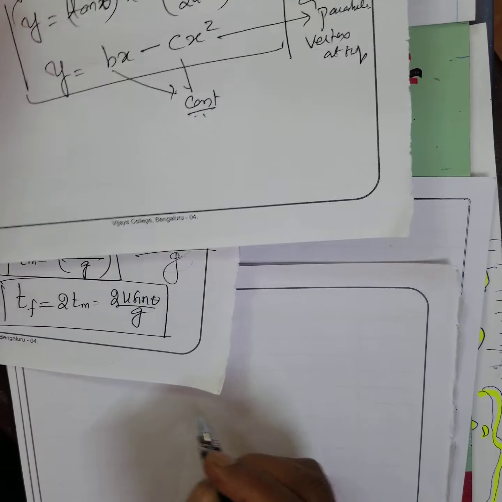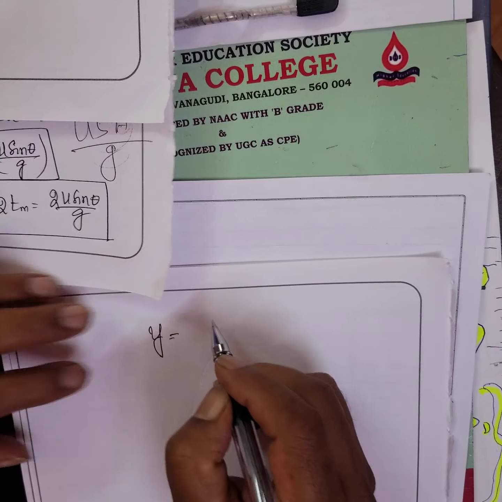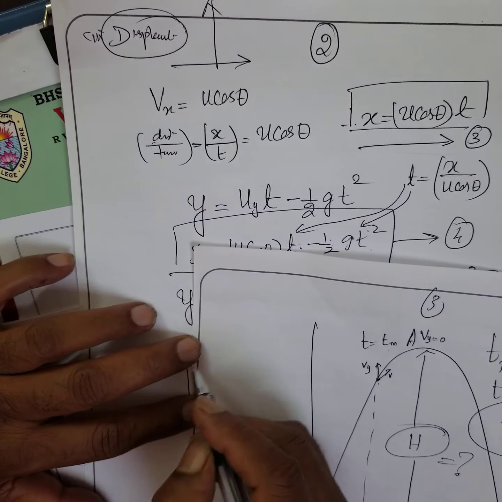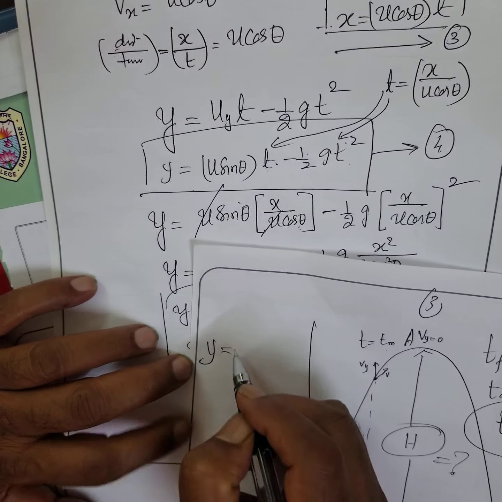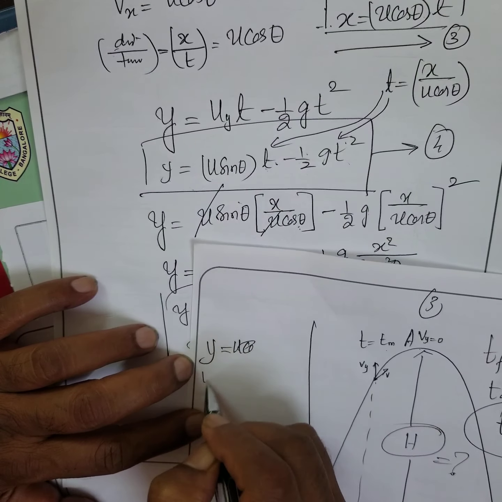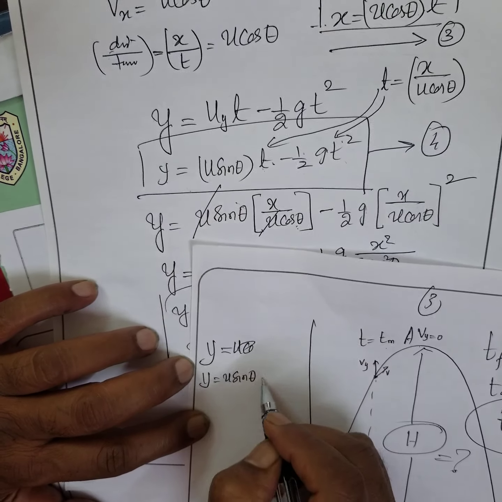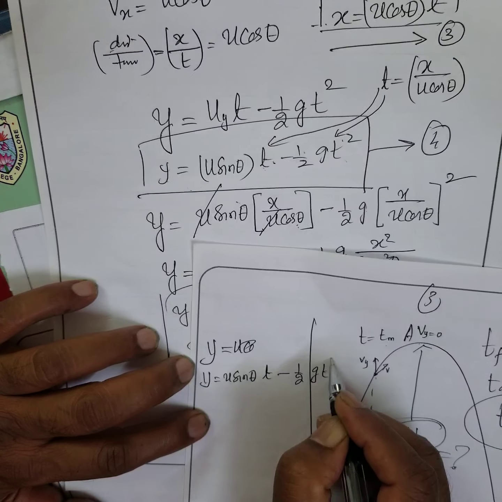I'll write this y is equal to, as usual, y is equal to u sin theta into t minus half g t square, correct?